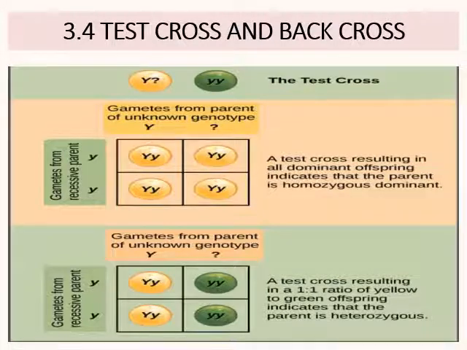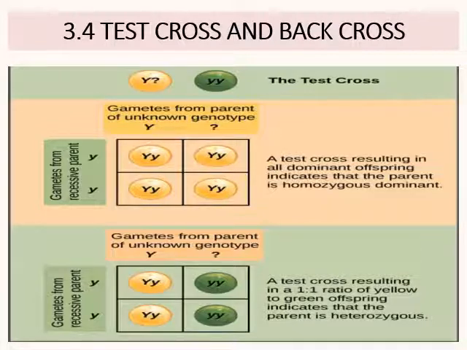While for another unknown genotype, crossed with recessive parent, if it shows the ratio 1:1, that is yellow seeds and green seeds are found, it means the unknown parent is heterozygous, that is, it shows capital Y, small y. So test cross is used for knowing the genotype of the parent.